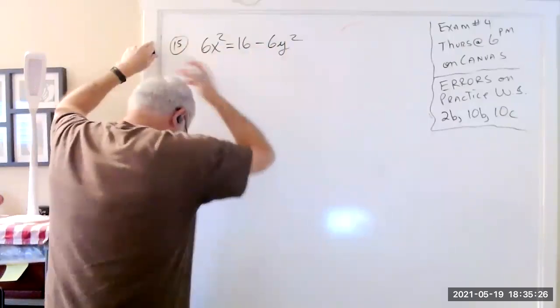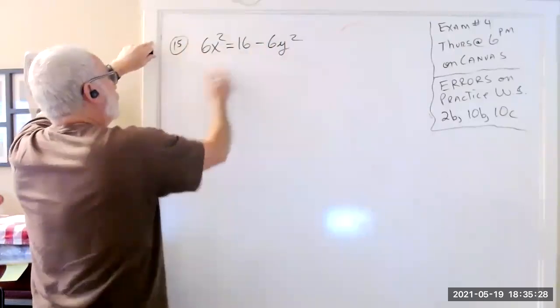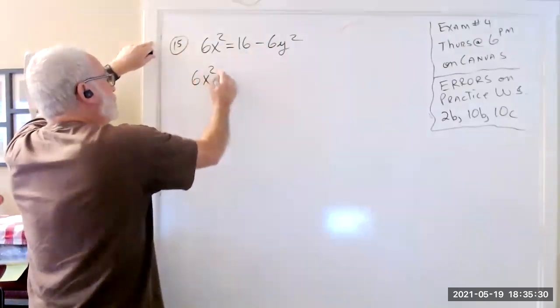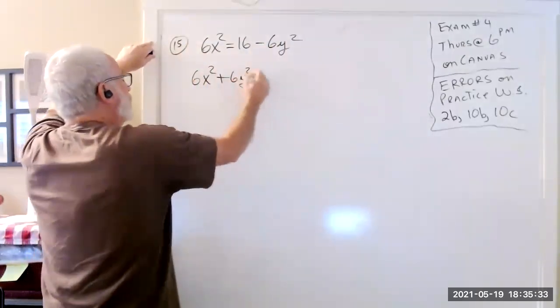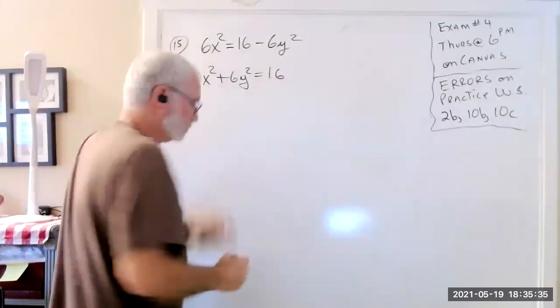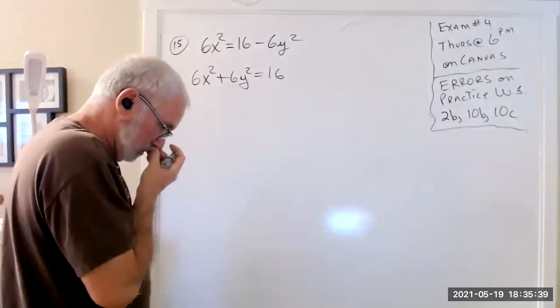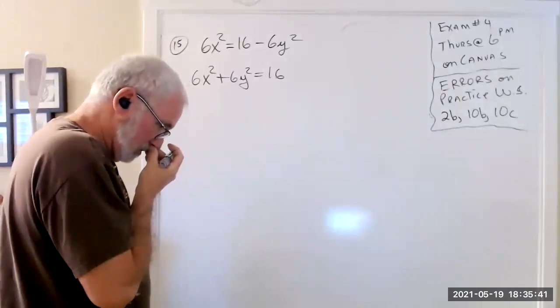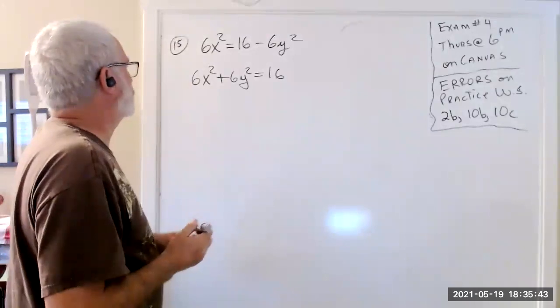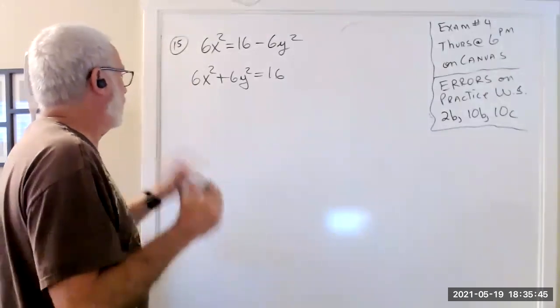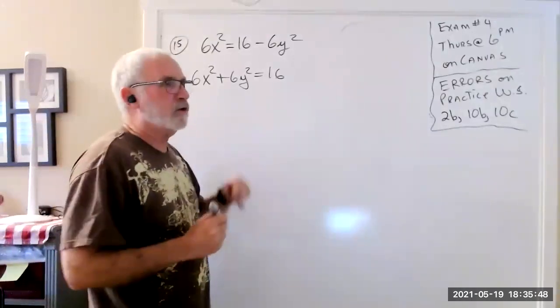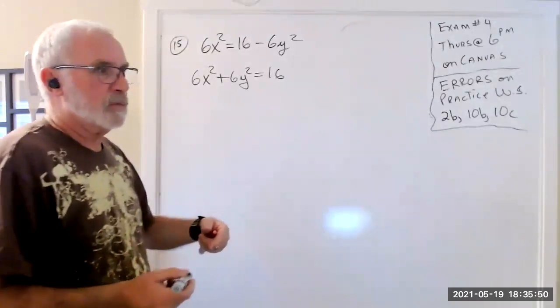If we call this 6x squared plus 6y squared equals 16. The question is, is it an ellipse or is it a circle?